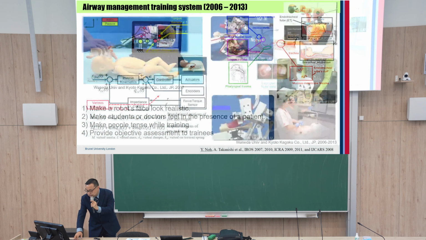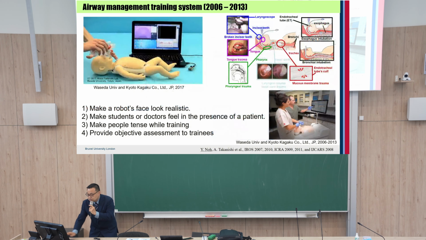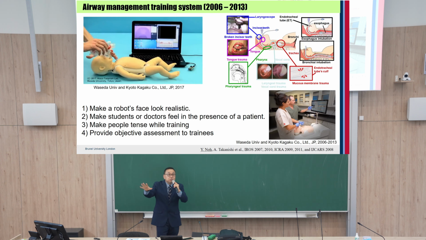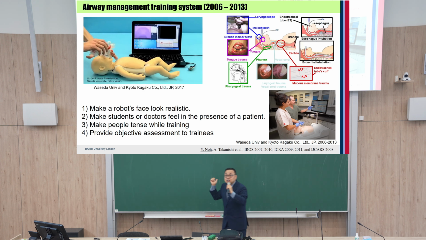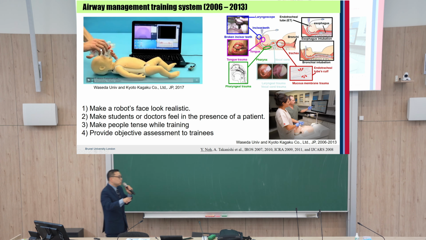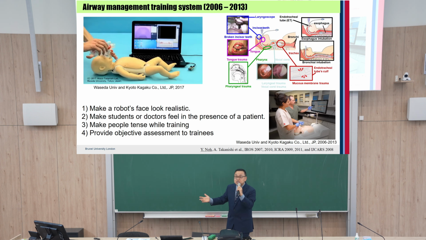But here's the question: how many sensors are integrated into this patient robot? Roughly 44 sensors inside. Just imagine, the company sells this patient robot for roughly 20,000 euro.